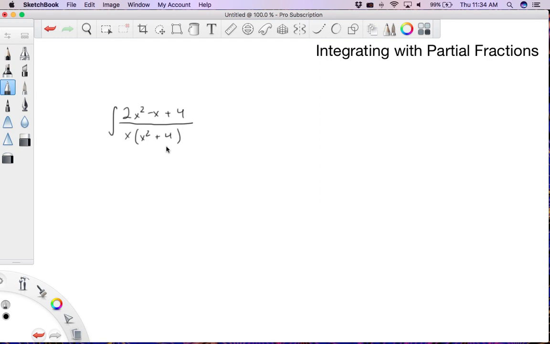So basically what is different about this than the last example is that this piece right here, this x squared plus 4, cannot be factored into two linear terms.